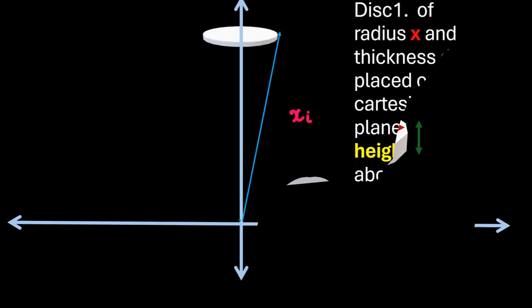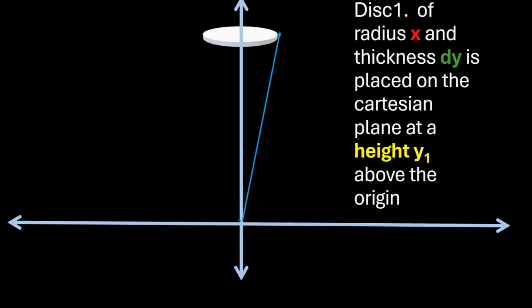Now this disk is placed along the three-dimensional axis 0, 0, 0, such that this represents the positive x-axis, this the positive y, and over here the positive z.